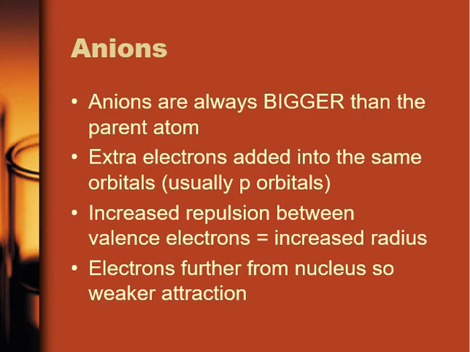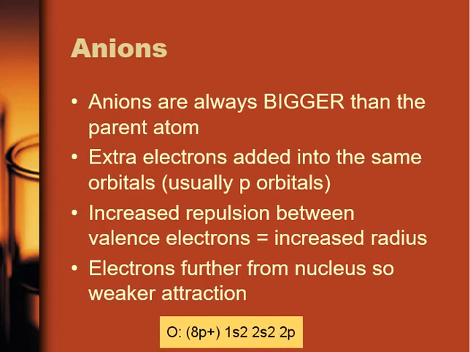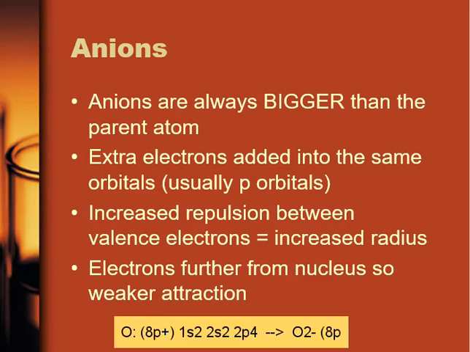So just to show you what I'm talking about, if we consider an atom which forms an anion, let's say oxygen. Oxygen has 8 protons, and its electron configuration is 1s2, 2s2, 2p4. When it forms an ion, it forms O2-, which still has 8 protons.